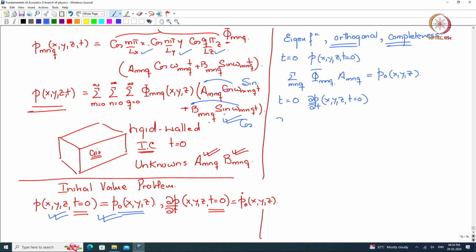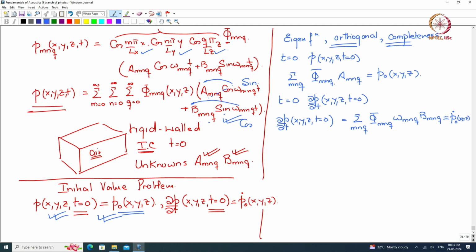So del p by del t at t equal to 0 is a triple sum of phi_mnq, omega_mnq and B_mnq, which is given as p dot 0 (x, y, z).